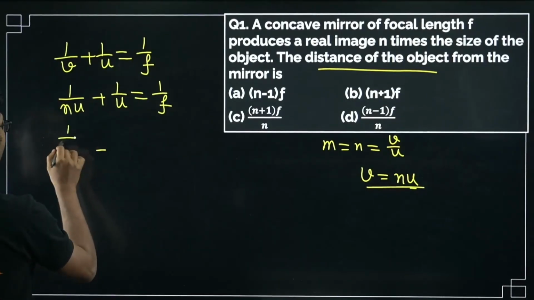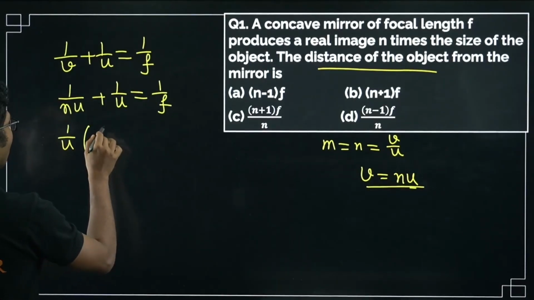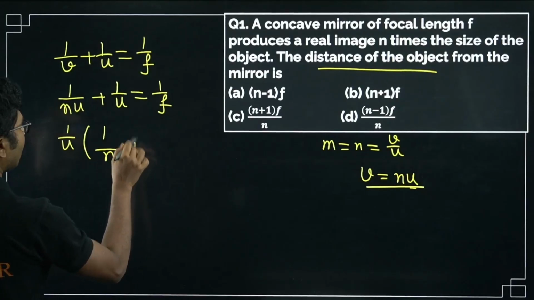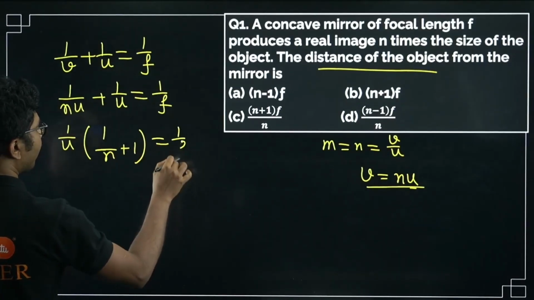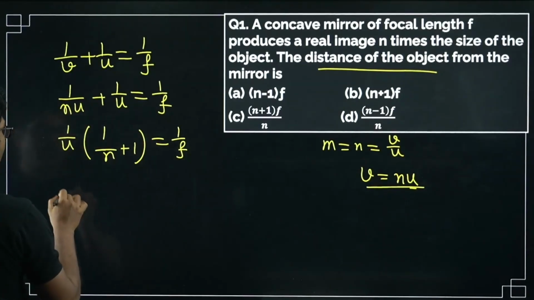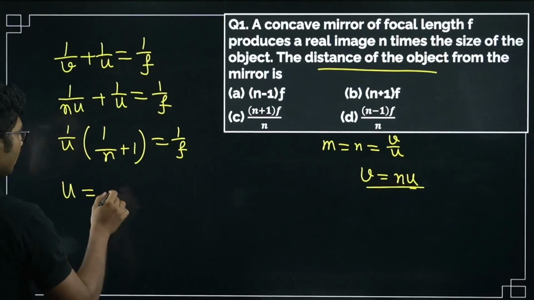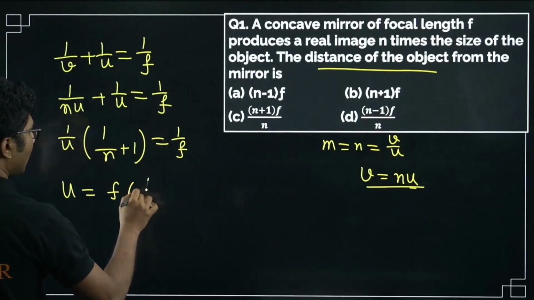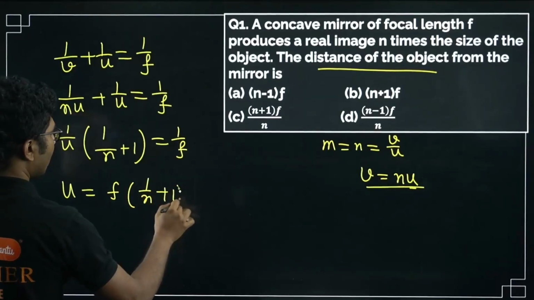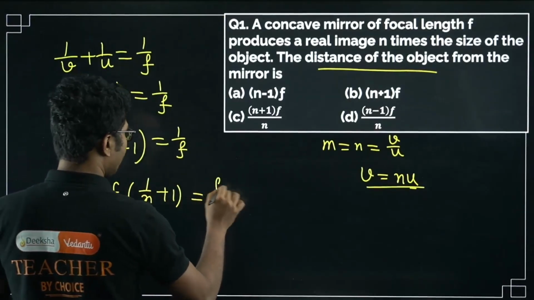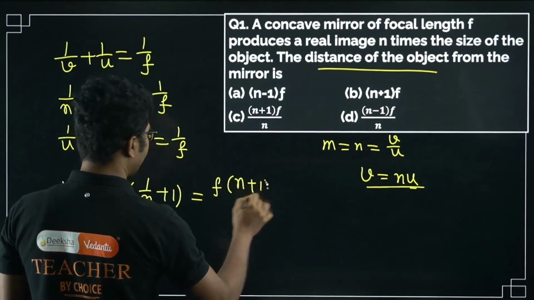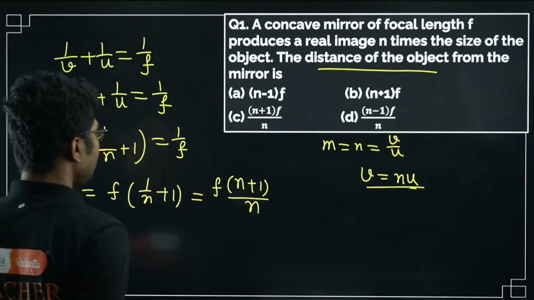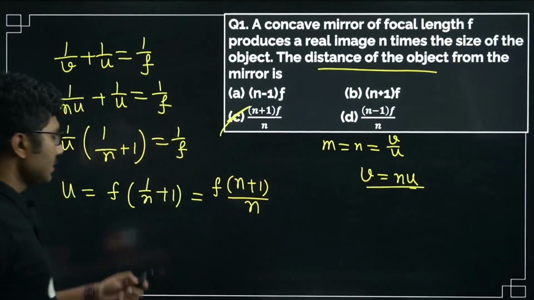So we get 1 by u times (1 by n plus 1) equals 1 by f. So u equals f times (n plus 1) divided by n. Correct answer, option C.